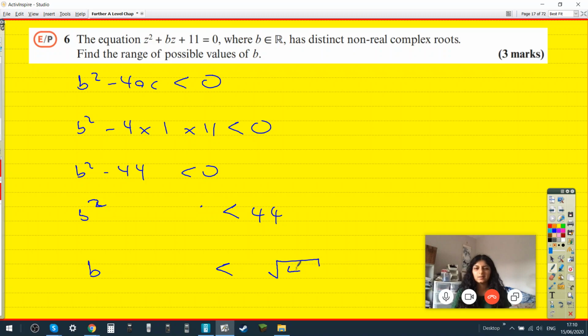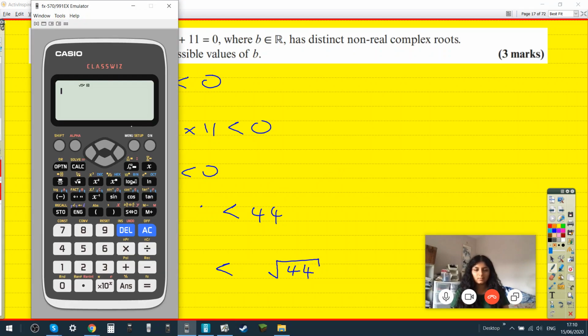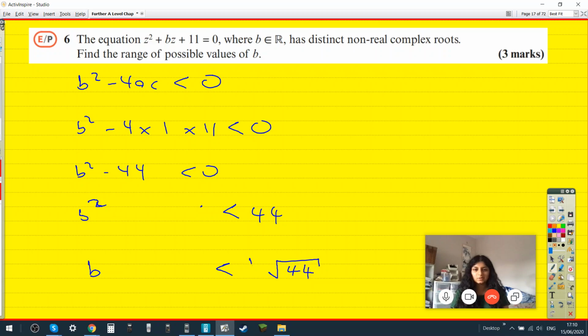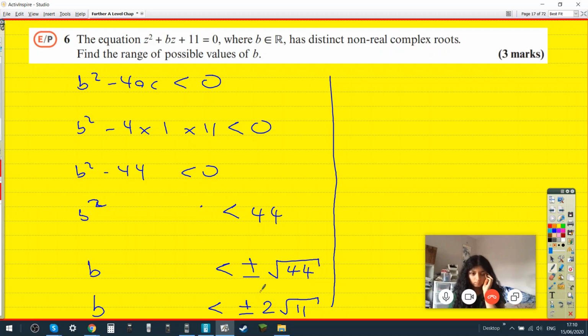Is it i? No, it's just root 44. And is that 2 root 11? Would it be plus minus root 44? Yes. That means b is less than plus or minus 2 root 11. No, something's wrong.